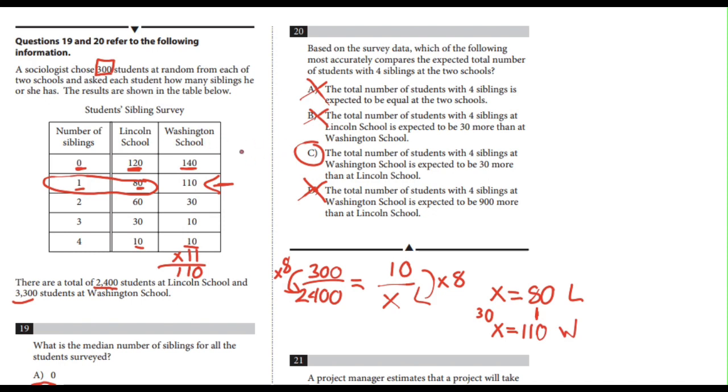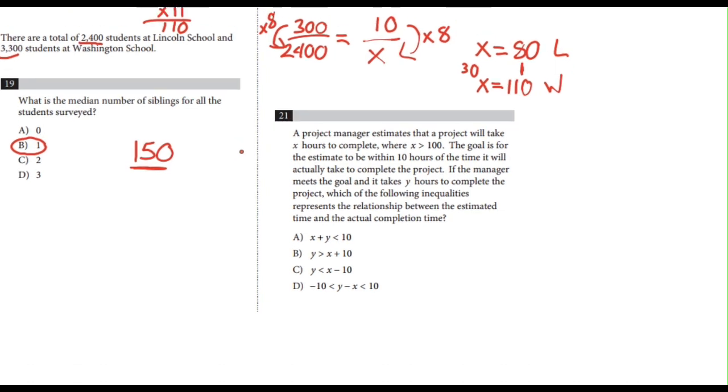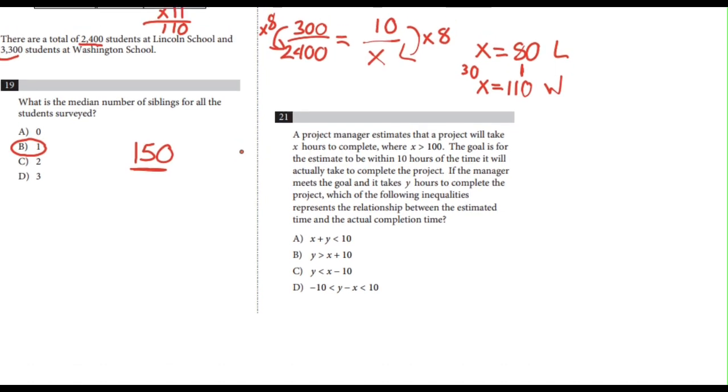Number 21. A project manager estimates that a project will take X hours to complete where X is more than 100. The goal is for the estimate to be within 10 hours of the time it will actually take to complete the project.